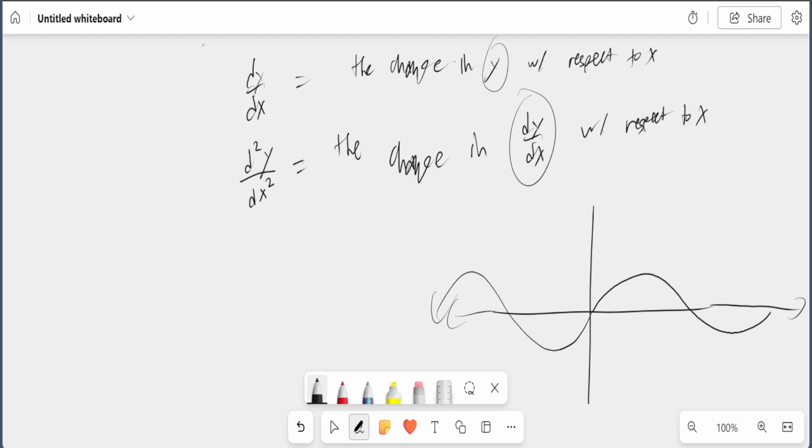Here it's some value, and here it is some other value. So your dy/dx is constantly changing as well.